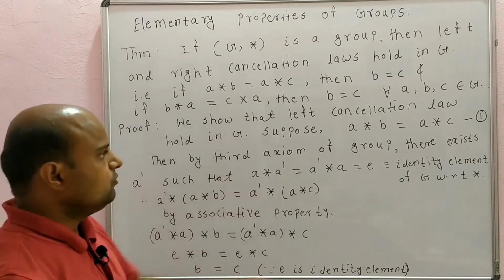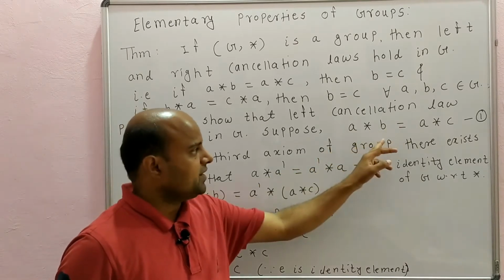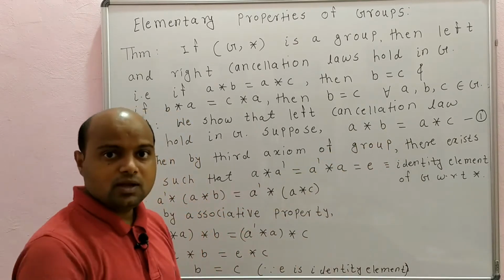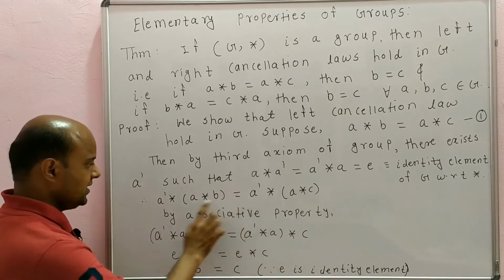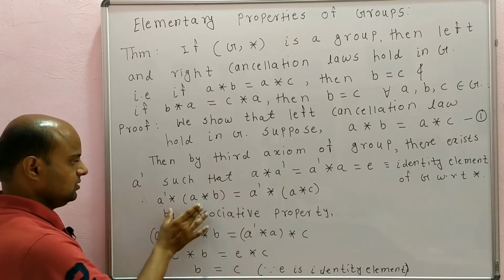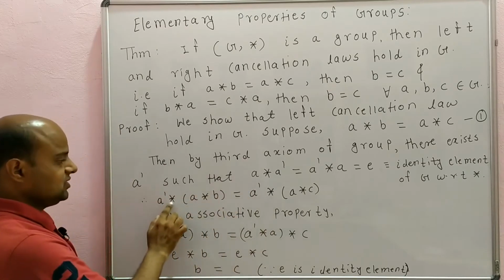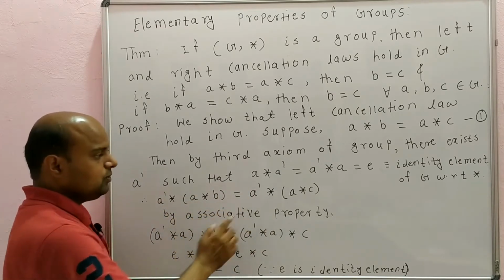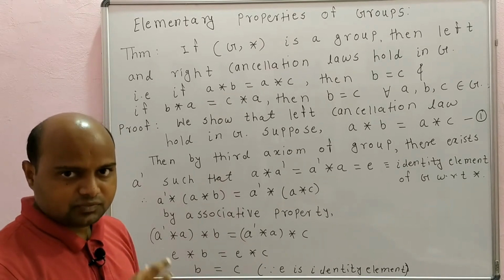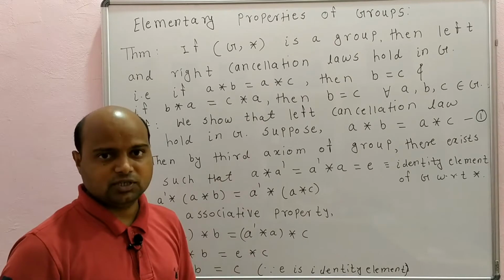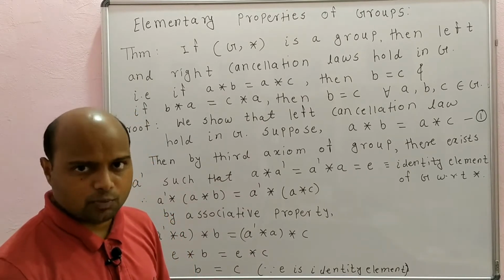Now we will apply A dash on both sides of equation 1 from the left side. See here, A dash is applied on both sides from the left side. So A dash star A star B is equal to A dash star A star C. We know G is a group with binary operation star, therefore star satisfies the associative property.